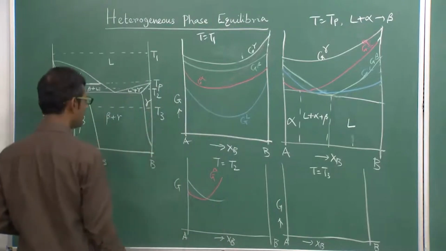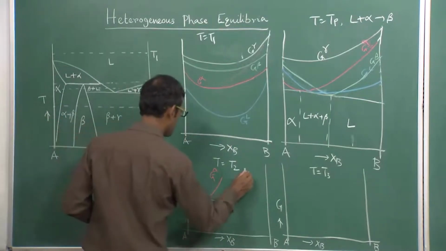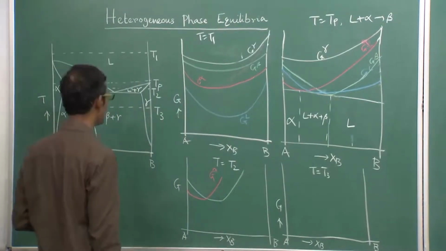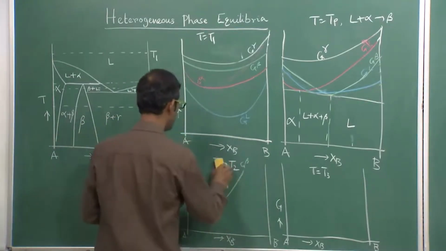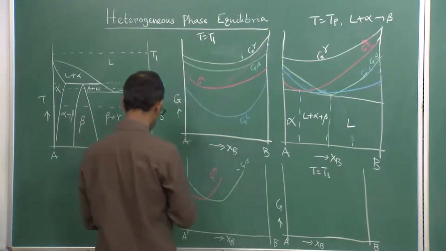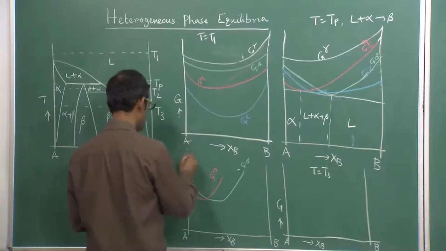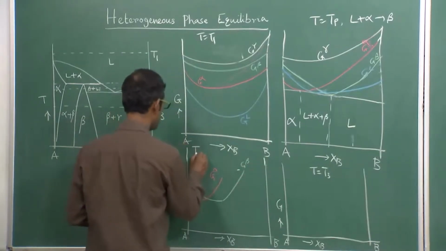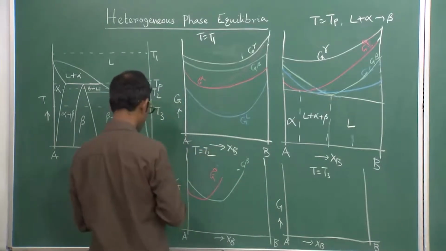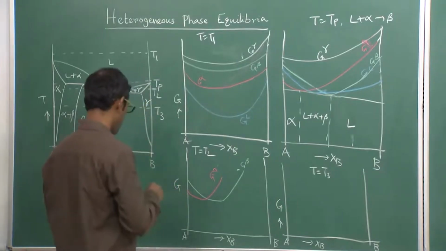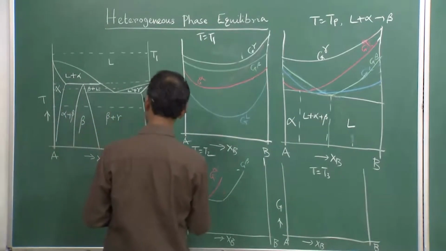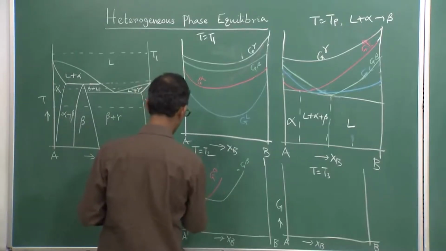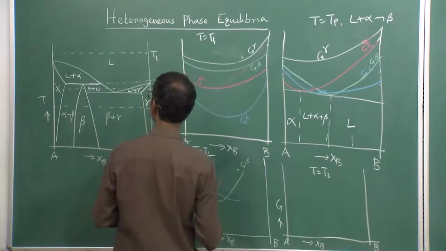Okay. Then there is a range, then liquid and alpha beta will cross over. Let me write this one at the top. Liquid will be blue, so liquid will come somewhere there, then only it will cross over.